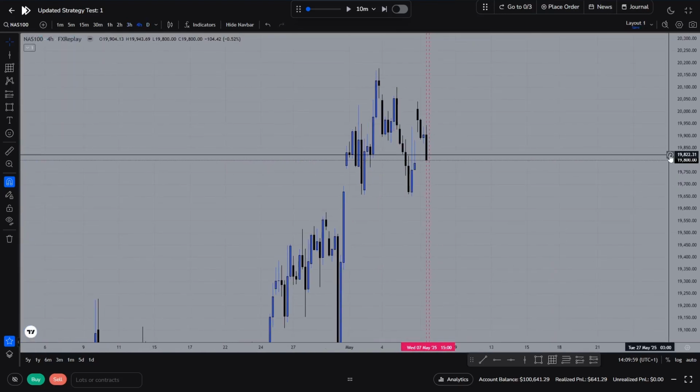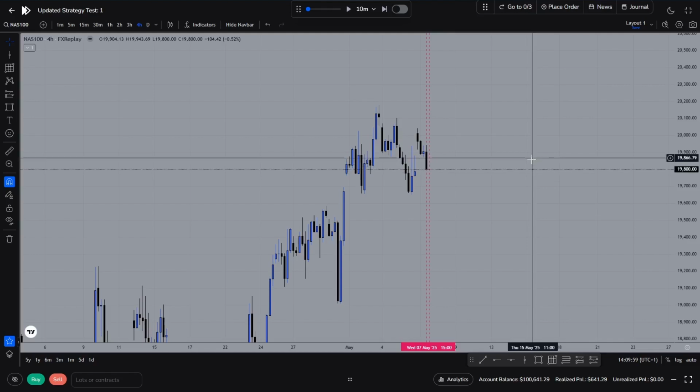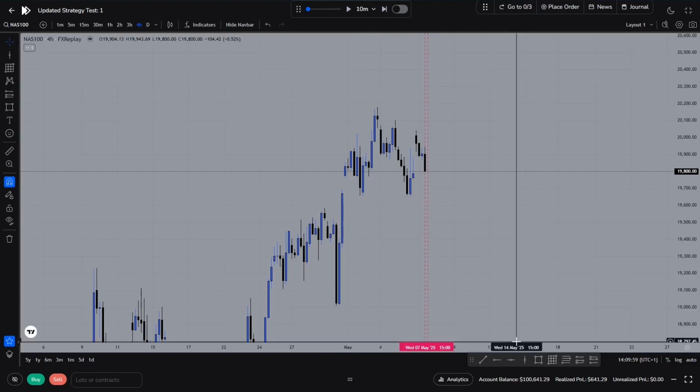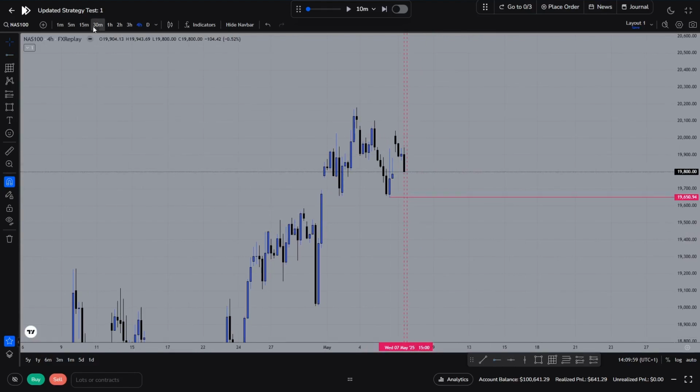Alright. Price came back into this gap, I believe. I mean, is this liquidity where price could want to come take? I'd be surprised if price comes and takes that liquidity.